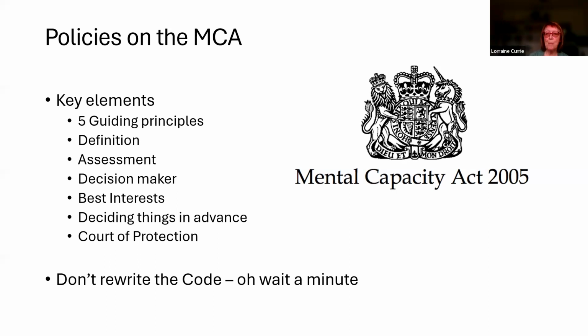It needs to talk about best interests, and it needs to talk about deciding things in advance. So the provisions of the MCA that allow people to decide things in advance, particularly in the care settings, really, where you all are. And it needs to talk about the court protection. There are other things, advocacy, there's lots and lots of other things, but basically it needs to have these.